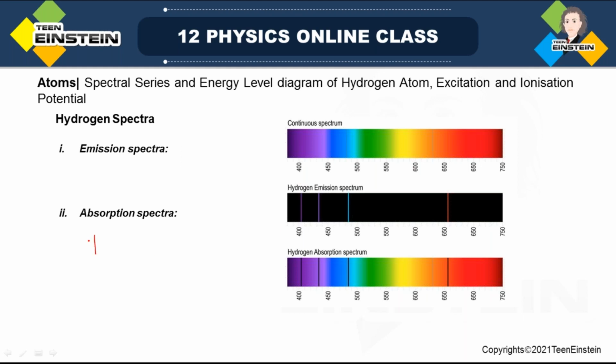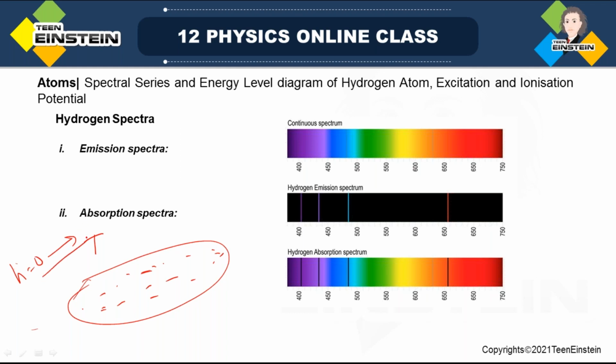Now absorption spectra: suppose you have the same closed tube with a certain rarefied gas. Now you are not applying potential. You are just passing a continuous light, which has all the frequencies, up to the visible range or maybe any range. If your light rays are passing through that and you analyze the light passing through the gas with a spectroscope, you will see some lines are missing.